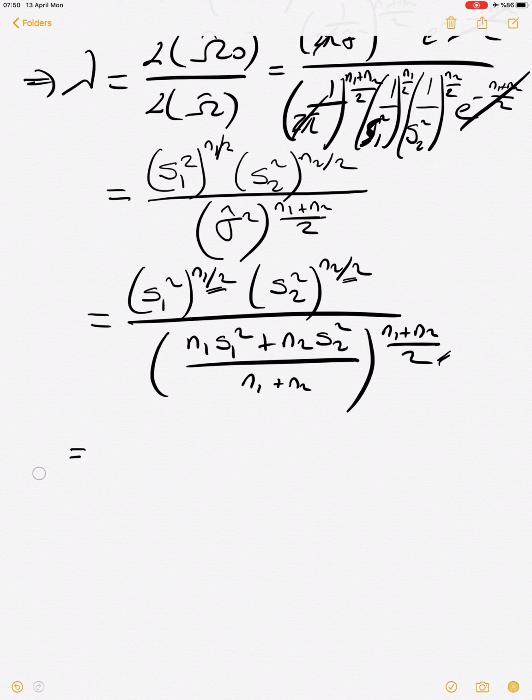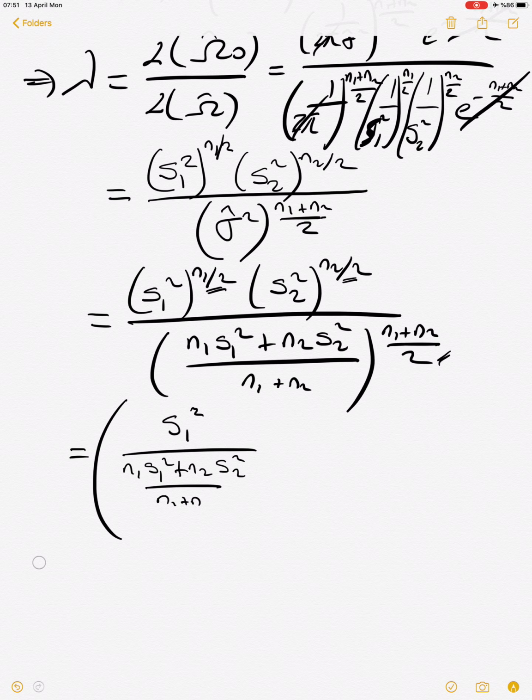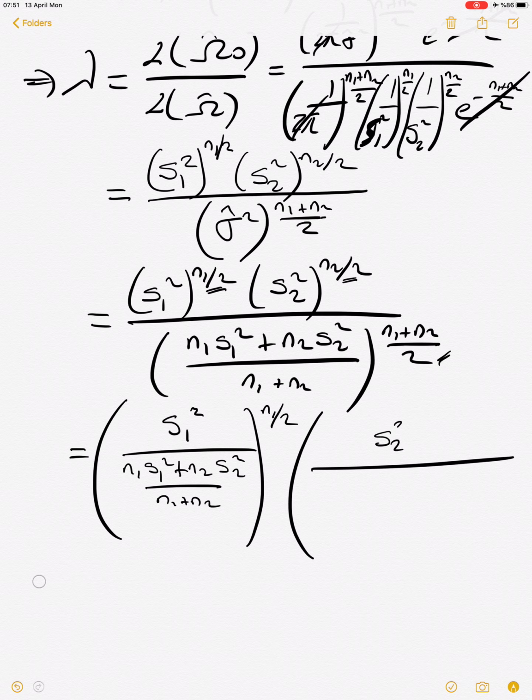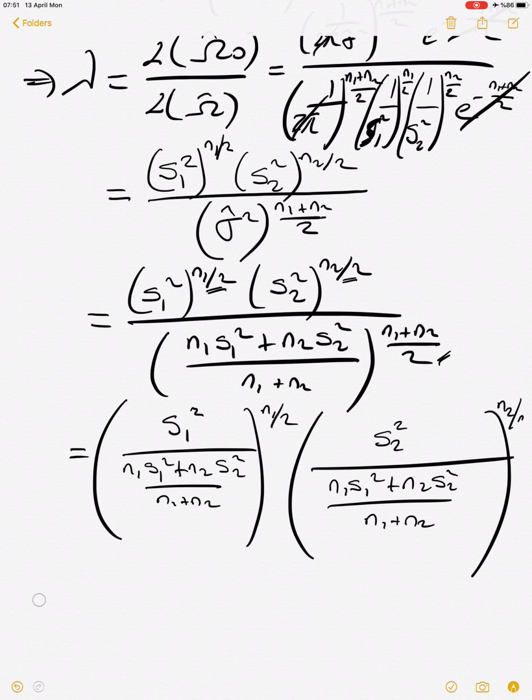Let's separate them like this: s1 square divided by (n1 s1 square plus n2 s2 square) divided by (n1 plus n2), to the power of n1 over 2, and do the same thing for the other side: s2 square divided by (n1 s1 square plus n2 s2 square) divided by (n1 plus n2), to the power of n2 over 2. So now you can see something: we have s1 square and s2 square appearing in each of these.